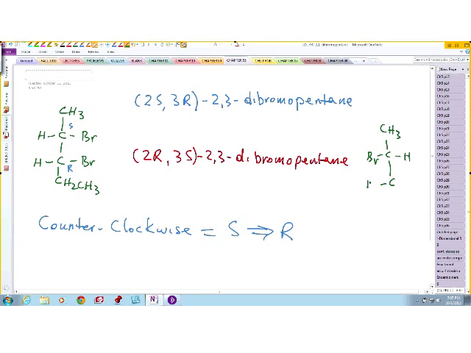So in naming the enantiomers, the absolute configuration will just have to change. It will be the opposite. Okay? So this is the name for this, and this is the name for this here. Now, molecule A and molecule B are enantiomers.